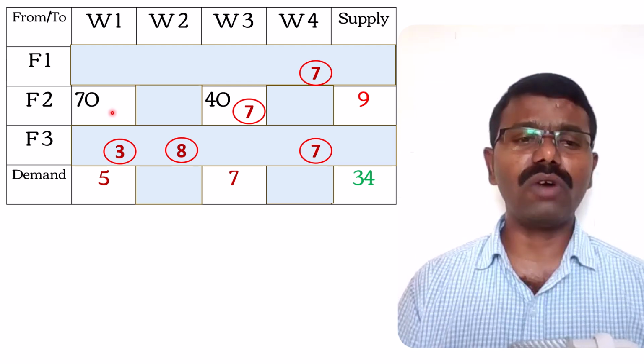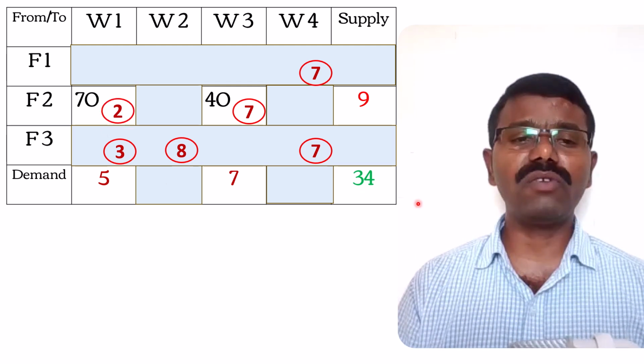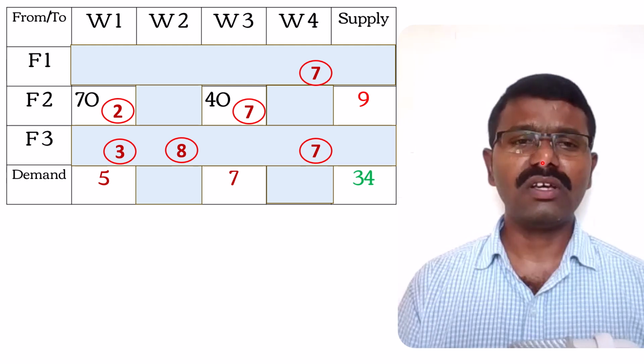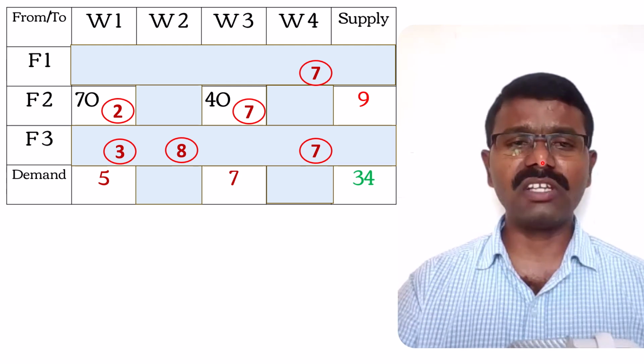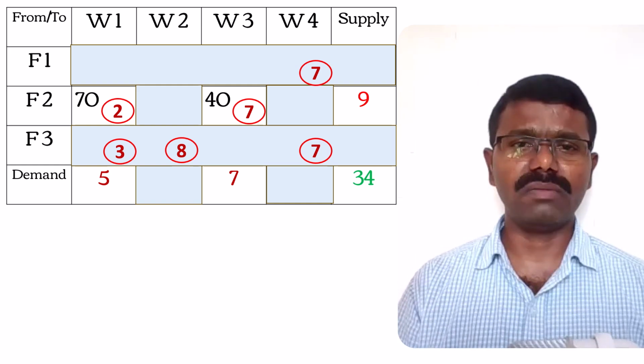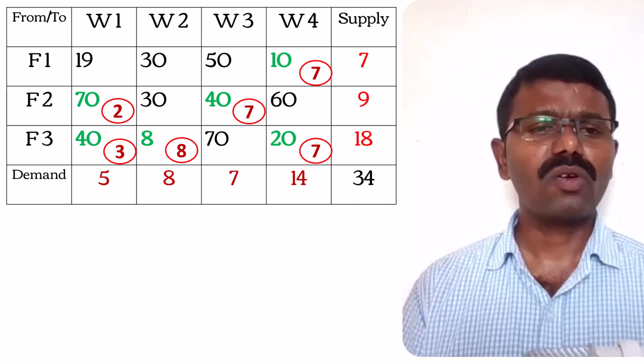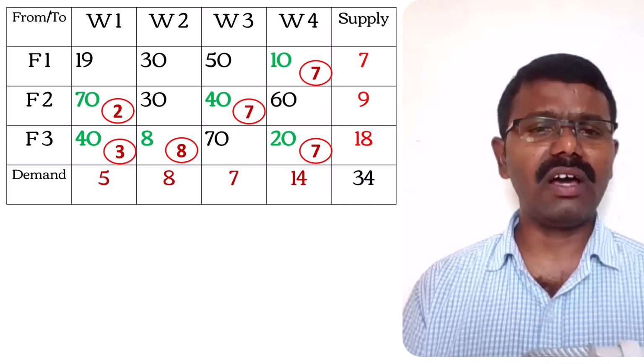The remaining 2 we need to allocate to the cell which is left. So finally after we allocate all the units, now you remove all the hashings, then we will see the solution. After removing the hashings, we will get the green colored cells as the allocated ones.